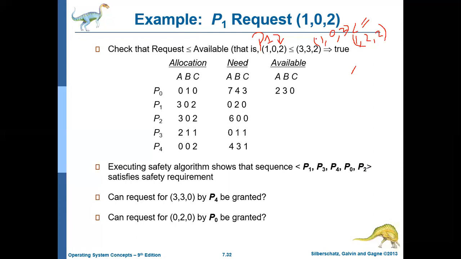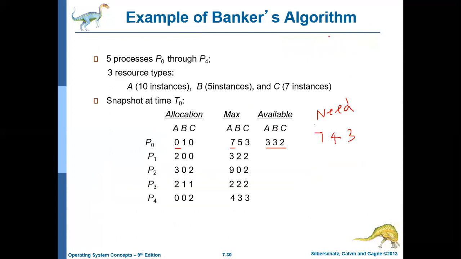What is the request? It is asking one more instance of A and two more instances of C. So here you can see currently it is 202. It is asking one more instance of A, so this will become 3, and two more instances of C, so this will become 2.